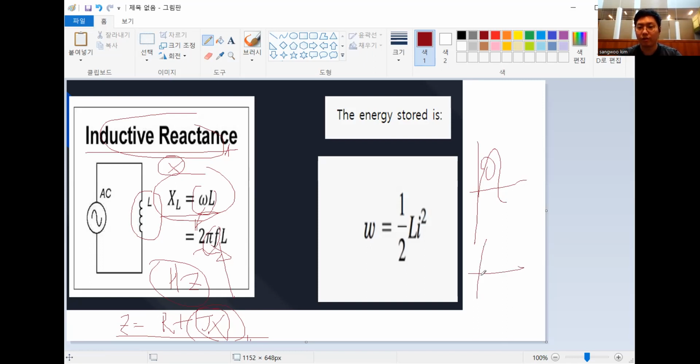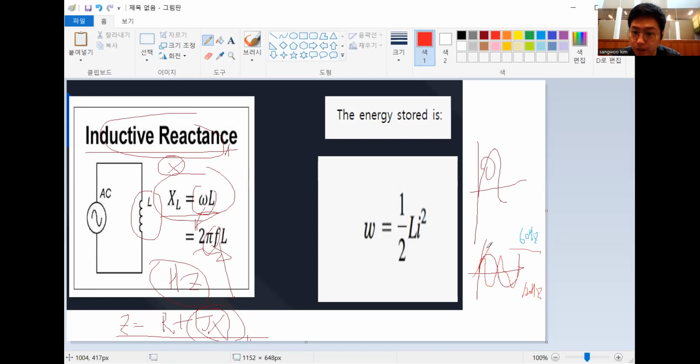What I mean is, this is AC at 60 hertz, and this red one is 120 hertz, double. But check here: the red slope is quite sharp compared to the 60 hertz.